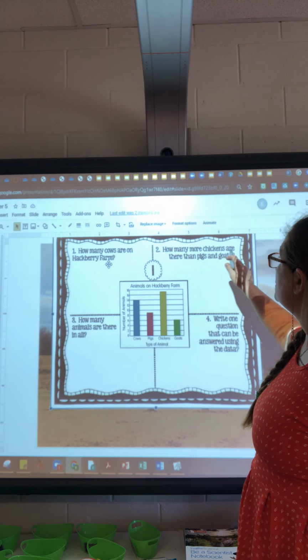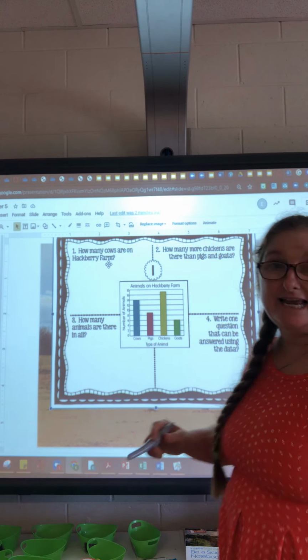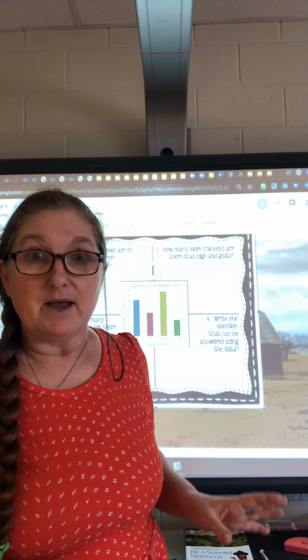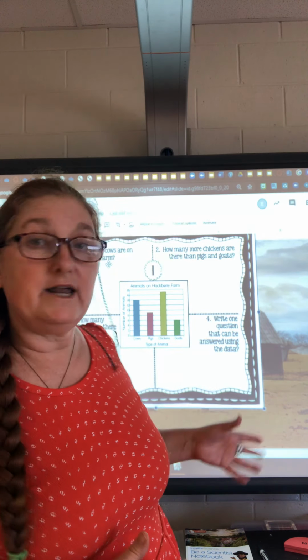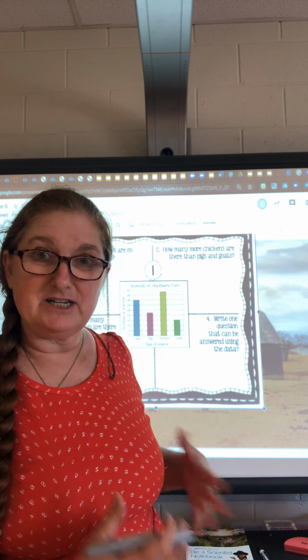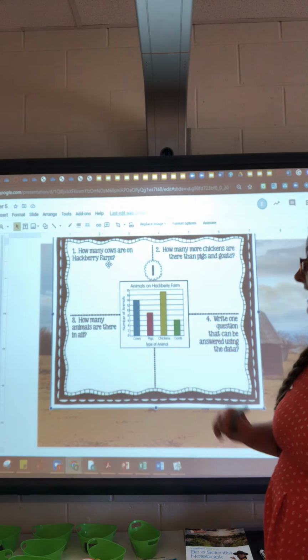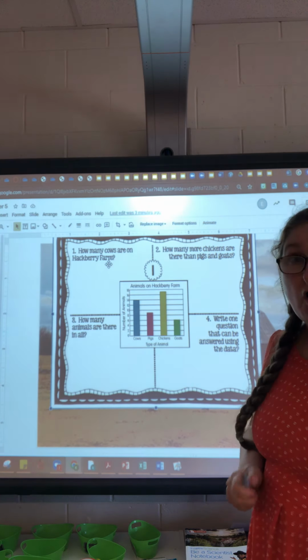How many more chickens are there than pigs and goats? Okay, this one I not only need to be able to read the graph, but I need to know what I need to look at. So there's some addition and subtraction involved. Number 3, how many animals are there in all? And then write one question that can be answered using this data.